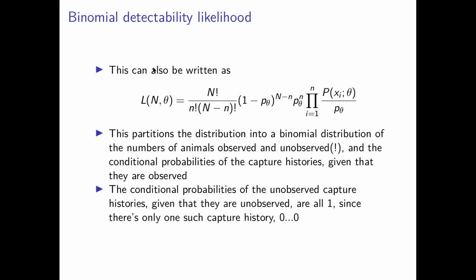And so this formulation of the likelihood is called the binomial detectability likelihood, where it's partitioned into the probability of detecting the number of animals that we did detect and not detecting the number of animals that we did not detect. And then here we have the conditional probability of the capture histories given that the animal was detected. And of course, the conditional probabilities of the unobserved capture histories, given that they are unobserved, are all 1, because there's only one unobserved capture history, which is the 0, 0 capture history.